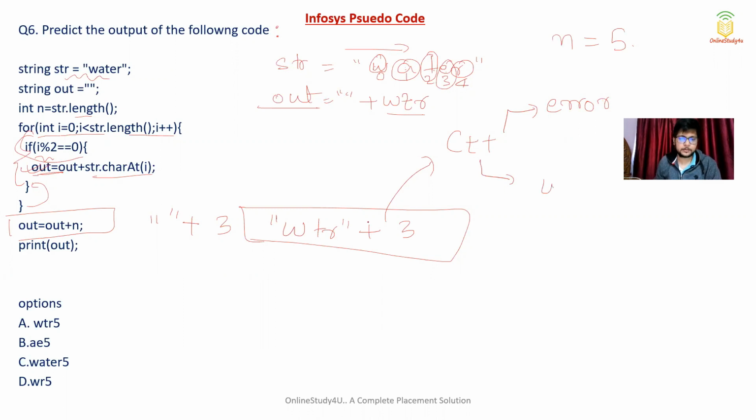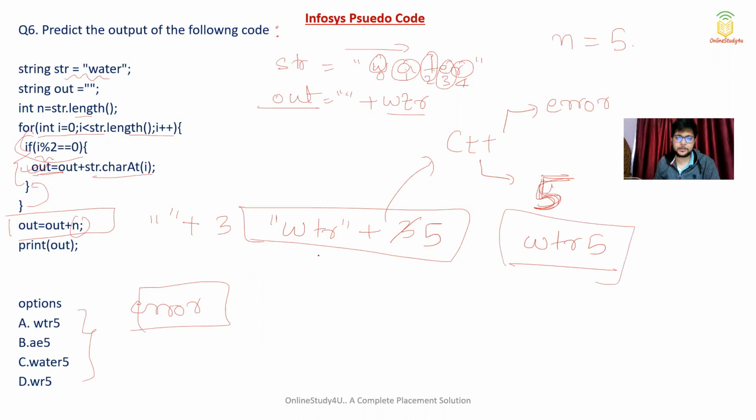n is 5. So WTR5, because there is no error option. Error is not an option here. So the best possible case in this scenario is WTR5.